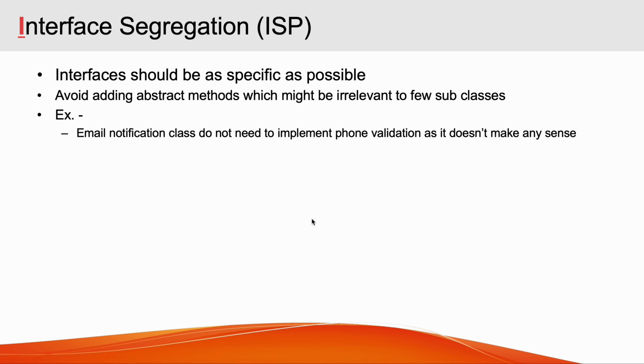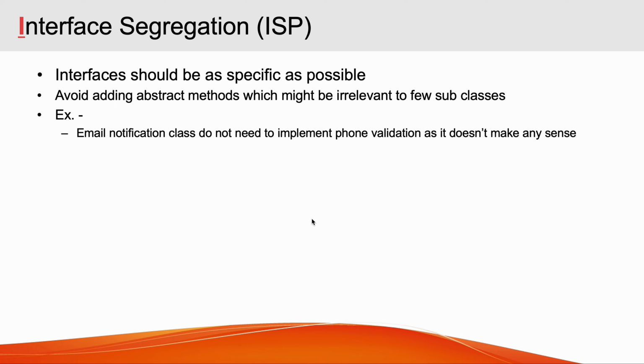As we talked about this email notification in the previous principle, where we are sending notifications to emails only. In that class, if you are trying to implement a phone validation method, then it is useless, right? There is no use of that in that particular class, because we are not going to initialize any phone other than the email address.